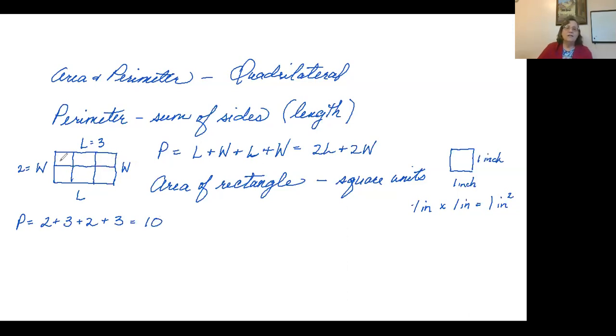The area, I know these don't look like squares, but pretend like these are squares, the area would consist of 1, 2, 3, 4, 5, 6 square units. 2 units by 3 units is always going to be 6 units. So 2 units by 3 units is going to be 6 units squared. Whereas this was just units plus units plus units plus units is 10 units.